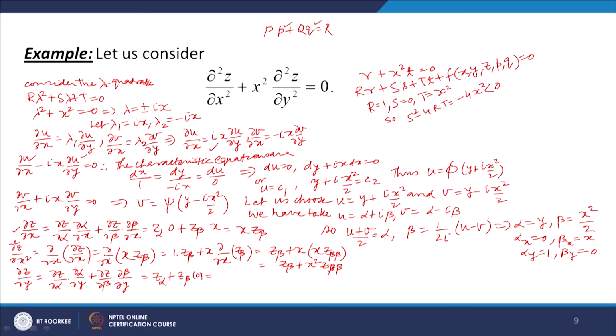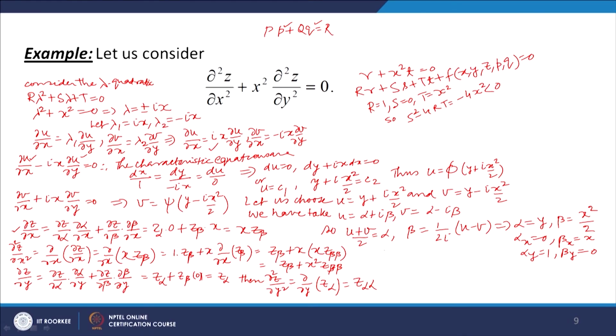So, we get here z alpha only. Okay. Now, let us find then del square z over del y square, which will be equal to del over del y of zy, but zy is z alpha. So, when you find this derivative, replace zy by z alpha here. So, what do we get? Z alpha alpha.